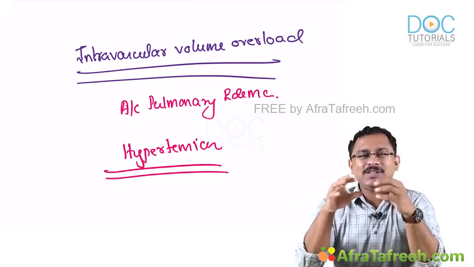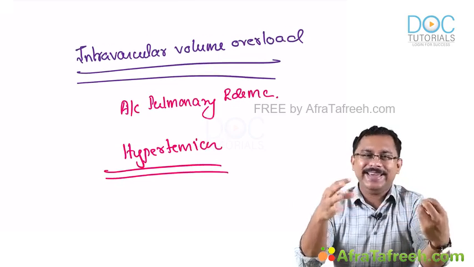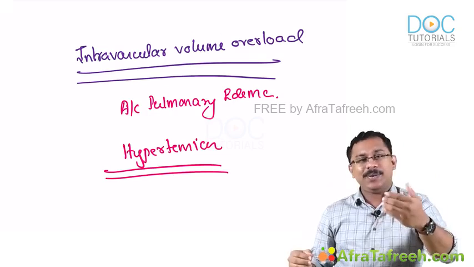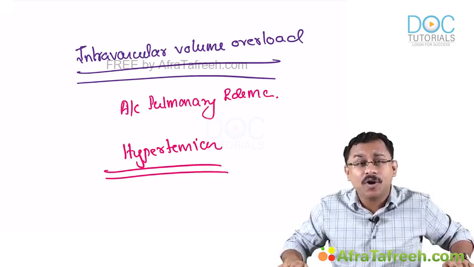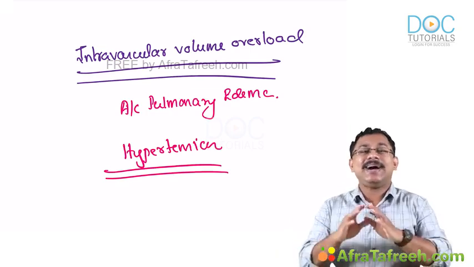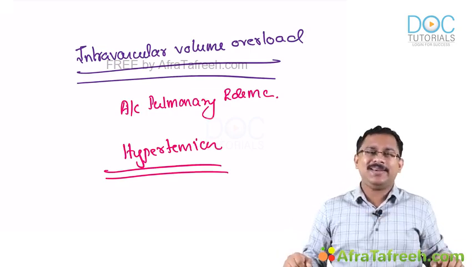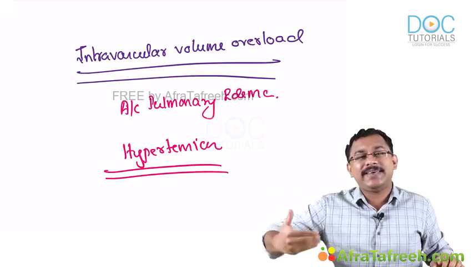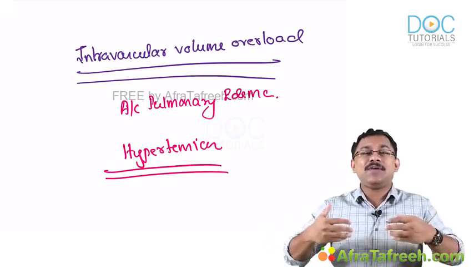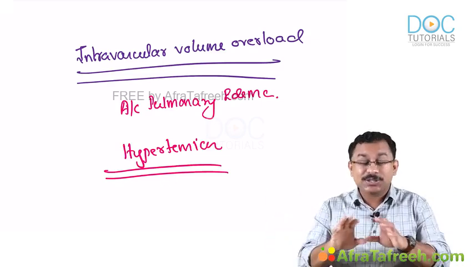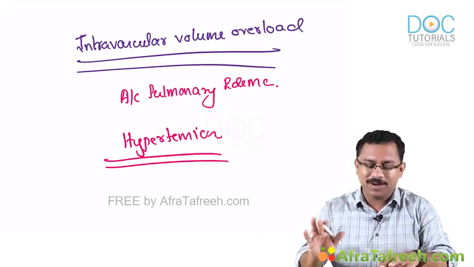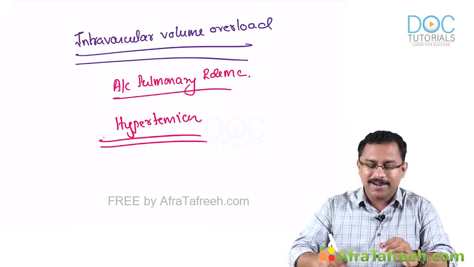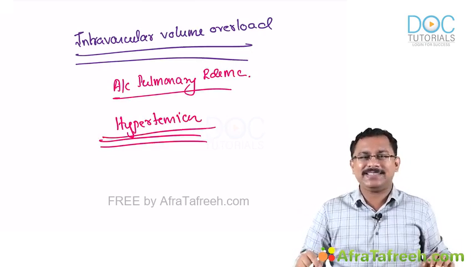Please remember, this is not a disorder that you can take lightly, because a patient who has hypertension might go on to complications like hypertensive encephalopathy. And because of the accelerated hypertension, he can even have pulmonary edema. So this is not at all to be taken lightly. Keep in mind there can be pulmonary edema, hypertension, hypertensive encephalopathy.